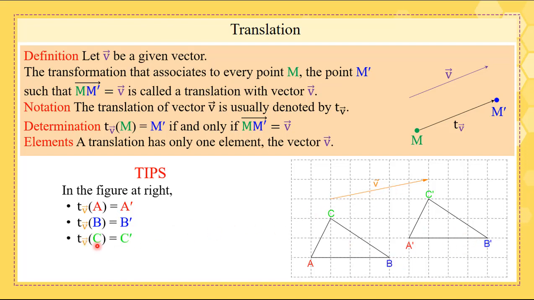And in the same way, the translation of the point C by vector V is equal to C prime, because CC prime vector is equal to V vector. Thus, the translation of the triangle ABC by vector V is equal to the triangle A prime B prime C prime. So as a result, in order to make a translation of a triangle by a given vector, it's enough to make a translation of each vertex in this triangle by the given vector.